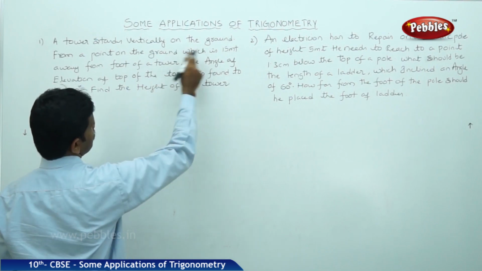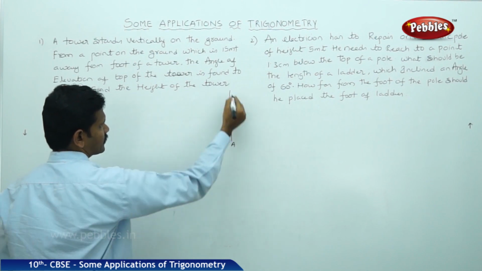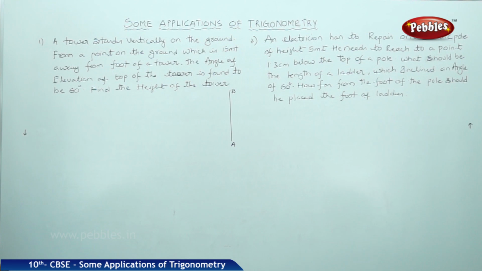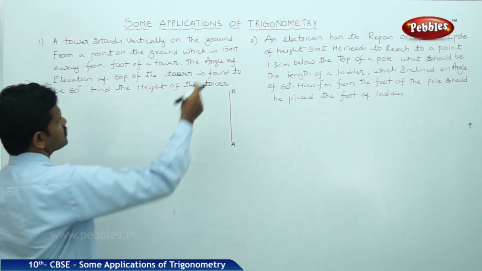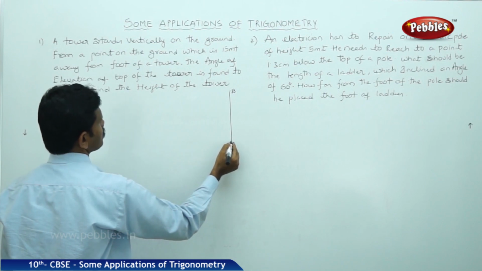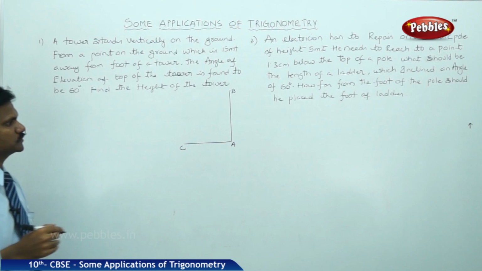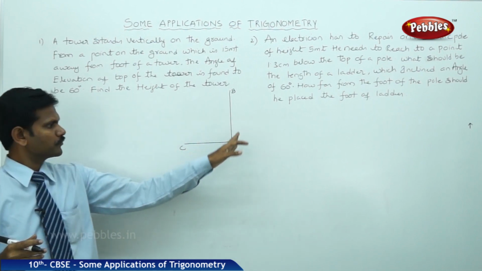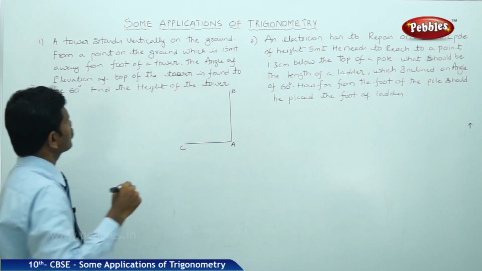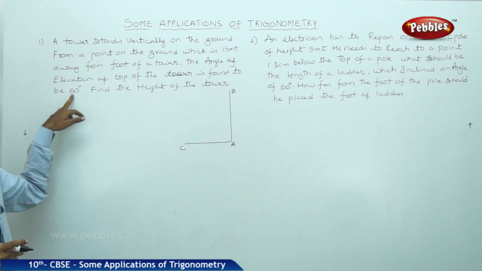A tower stands vertically on the ground. Let AB be the height of the tower, and the point is 15 meters away from the foot of the tower. The angle of elevation of the top of the tower is found to be 60 degrees.